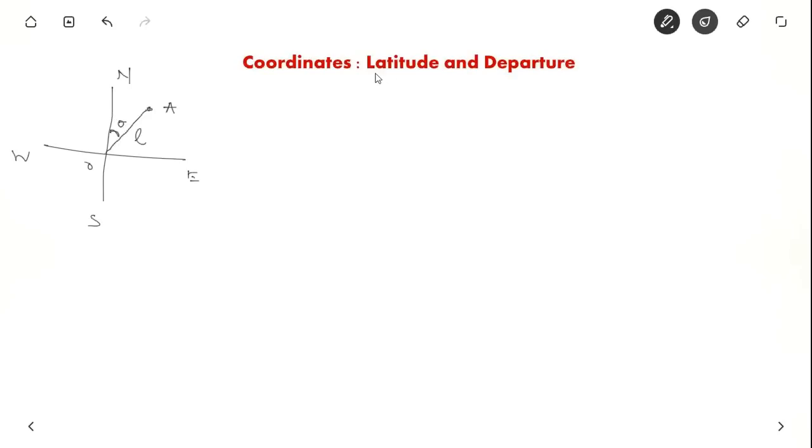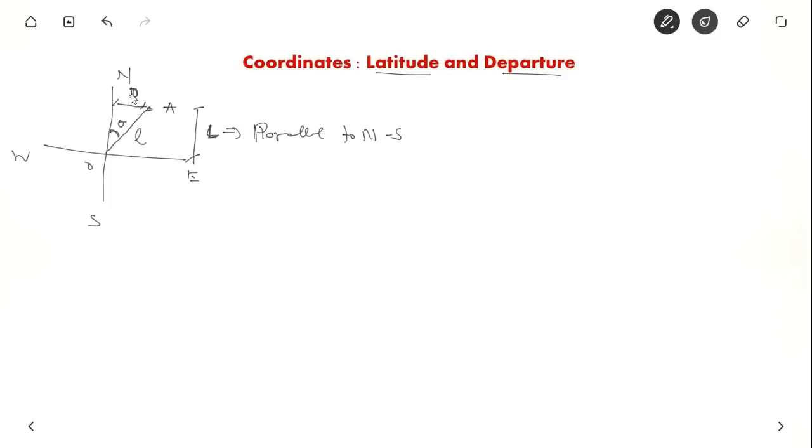So we have two terms, latitude and departure. Latitude is the component which is parallel to the reference meridian, north south, and departure is perpendicular to north south.